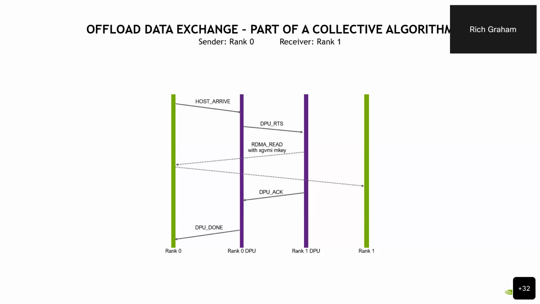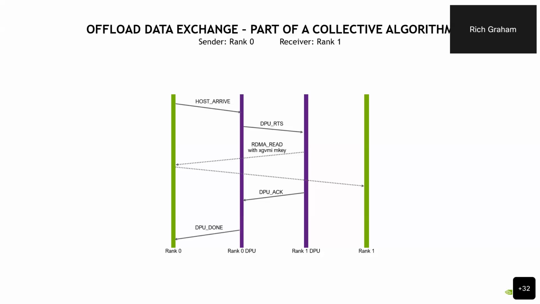And what will happen with rank 1 is the DPU on rank 1 is working on behalf of rank 1, and so when it makes the read request, it will use the host side memory key on rank 0 because the data is coming from rank 0.